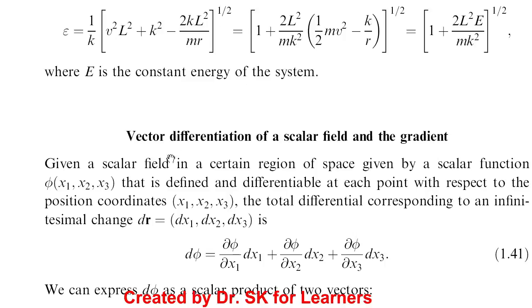So what it says, given a scalar field which is phi of x1, x2 and x3 or x, y, z, it's always easy to write x, y, z, which is differentiable at all points. Differentiation is something that you need to have a basic idea of to understand mathematical physics.